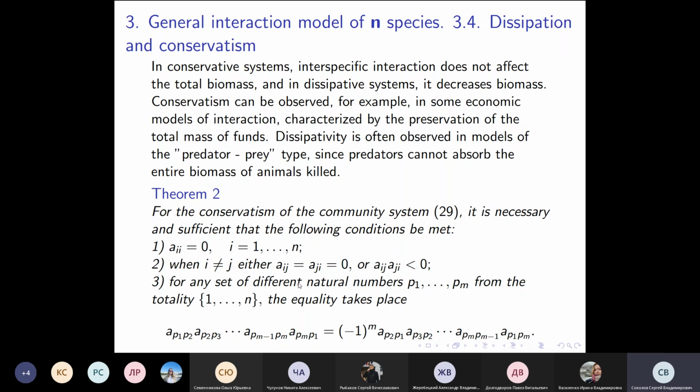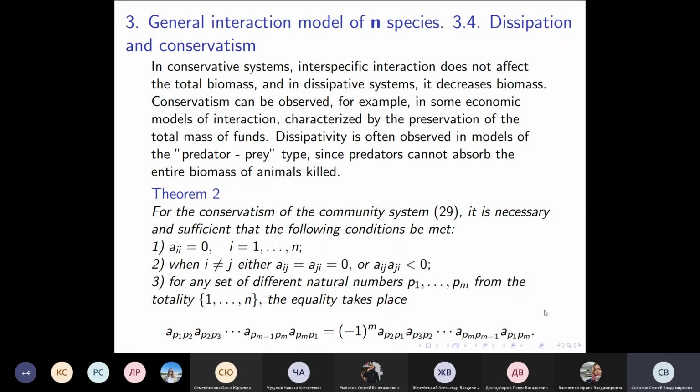So it means that if there is a complicated transition of our biomass, the sign must change. In the simplest situation, Aij times Aji is negative, and when there are a lot of victims and predators involved, then the last equality must take place.